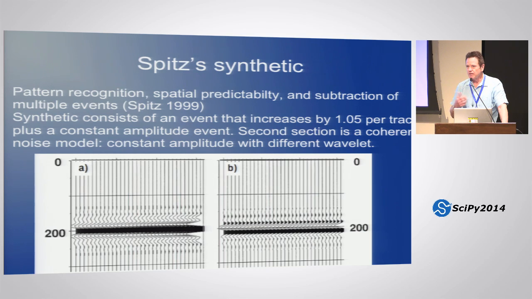The objective of his exercise is to break it into two pieces to try to separate this exponentially increasing event from the other one, and then to take a model of noise. You say from another place you get another estimate of what the noise should look like, and then try to decide which of the components are the noise so that you can throw it away, and which component is a signal that you want to keep.